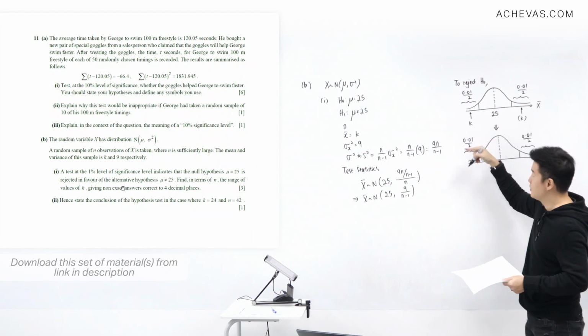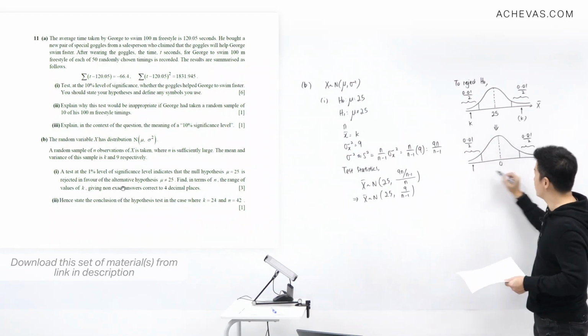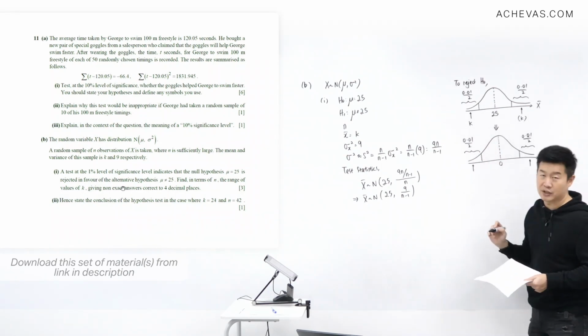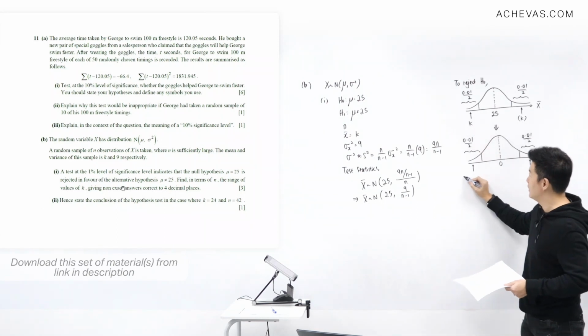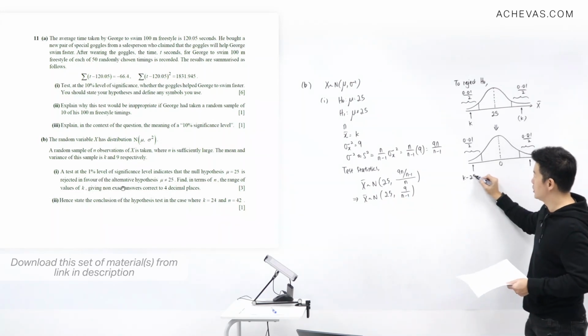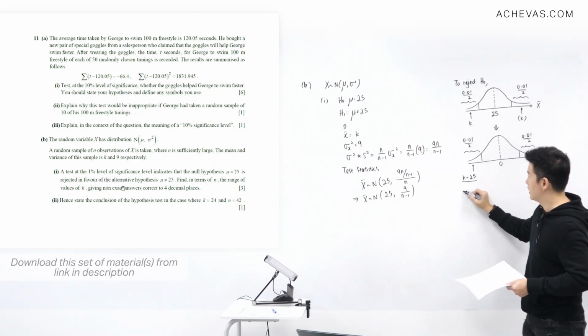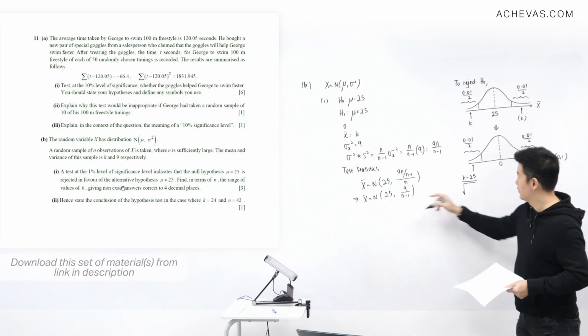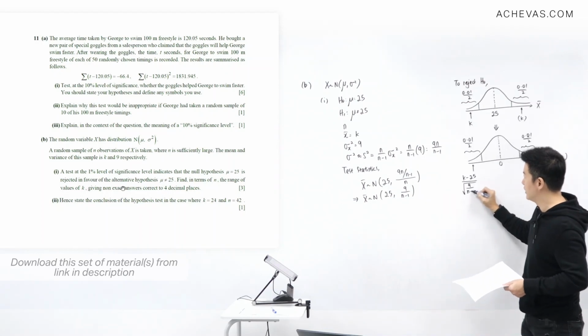And K is going to be standardized, and it's still going to be falling within the critical region. So when we standardize K, we will have K minus the population mean divided by square root of 9 over n minus 1.